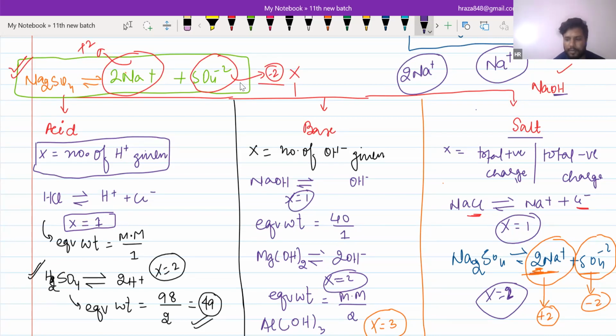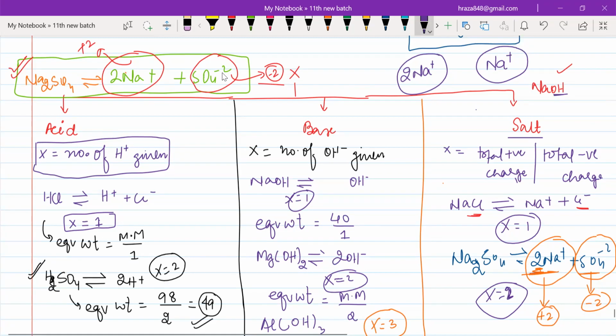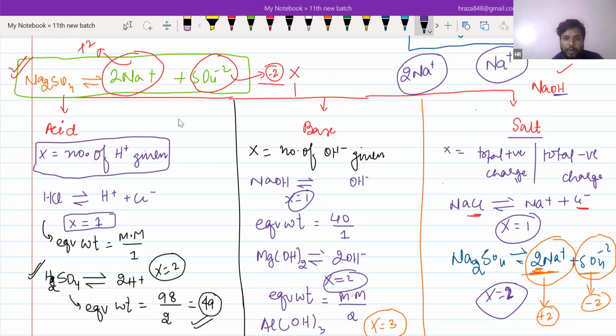See, if you are going to take carbonate, Na2CO3, I will just take one more example, just write it. Okay, sir. Let me know when you are done with this, then I will give you more examples or questions.